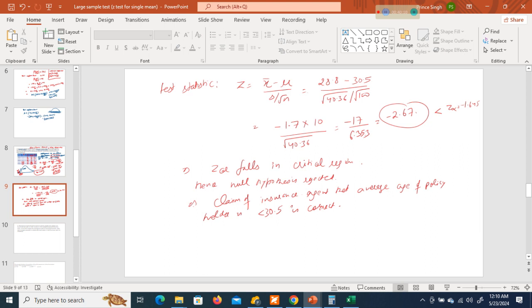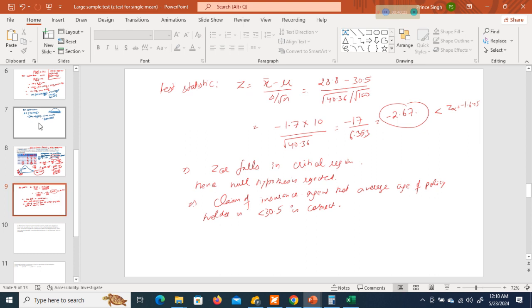Means there is no evidence here to support that the average age is not less than 30.5 years. So his claim is correct.